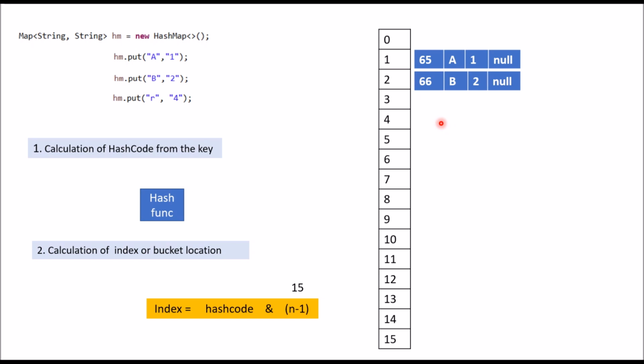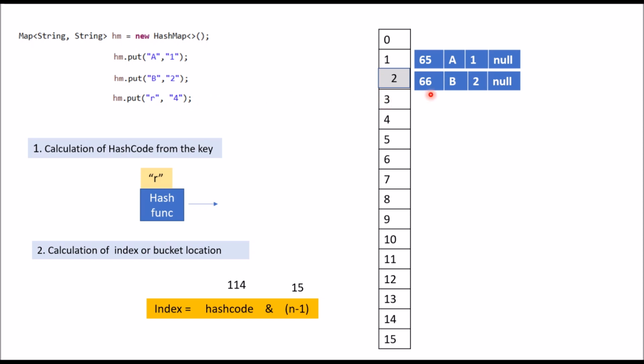Insert one more entry, hm.put r,4. Repeat the steps: pass the key to the hash function to get the hash code, and pass the hash code to calculate the index. But wait, at index location 2, there is already one entry, 66, b, 2, null. So how will the value of r,4 be stored? In this case, first a comparison of the hash code of the given entry with the hash code of the key we are passing, that is r, happens.